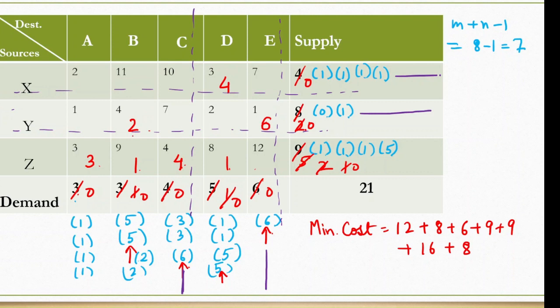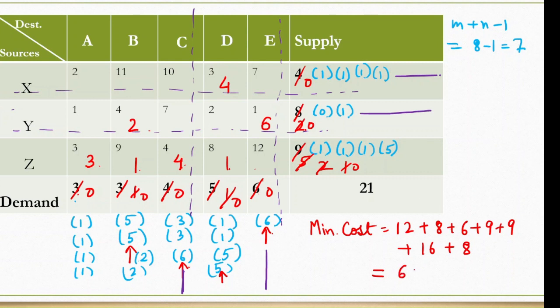Number of the units, that is 2, with the unit cost 4, so that's 8. That's how we can calculate the minimum cost. So that's coming out to be 26 plus 18 plus 16 plus 8, so that's 68.